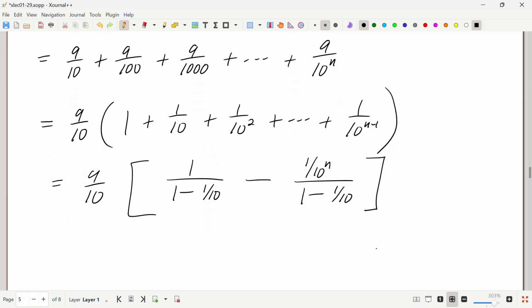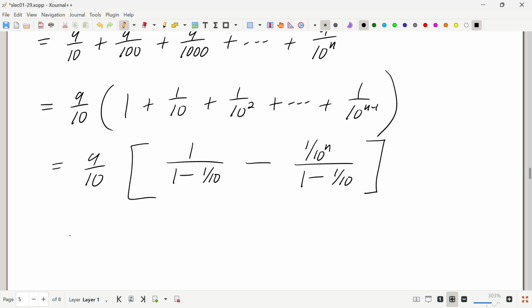That first thing is 1 over 9/10. So that's equal to 1 minus 1 over 10 to the n. And as n goes to infinity, it's going to be really close to 1 as n gets bigger and bigger.